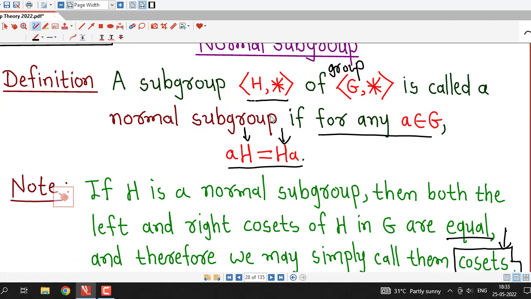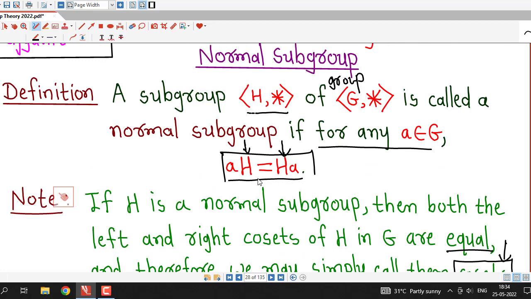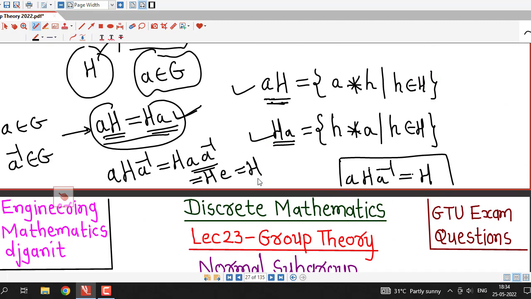First one is a subgroup H is called a normal subgroup if every left coset is equal to every right coset. Another definition is H is a normal subgroup if a inverse Ha is a subset of H. Instead of aHa inverse subset of H, we can have a inverse Ha subset of H. So that we can develop by multiplying both sides of this equation on the left by a inverse.